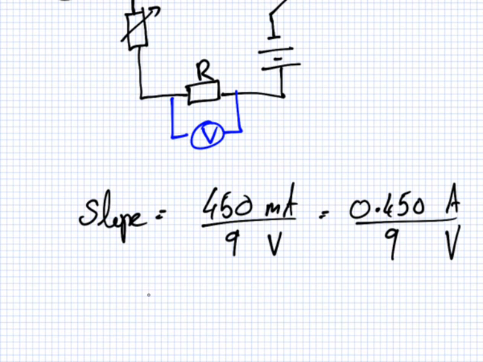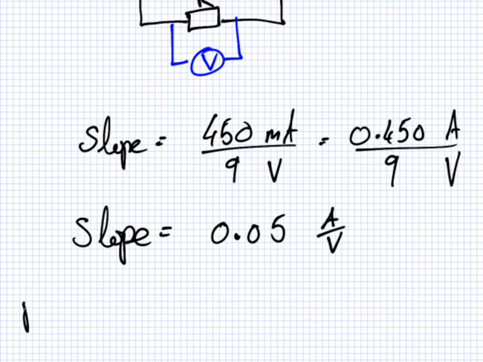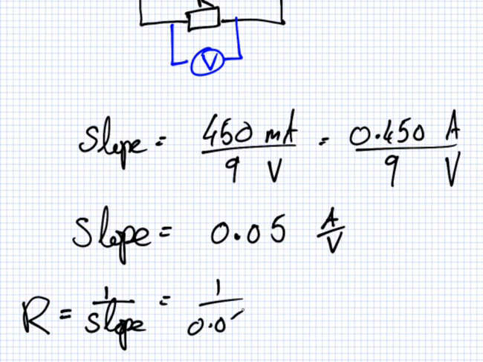So here, what's the height? 500? No. 0.5? No. The height is 450. It doesn't start at 0, it starts at 50. So the height is 450 and the base is 9.